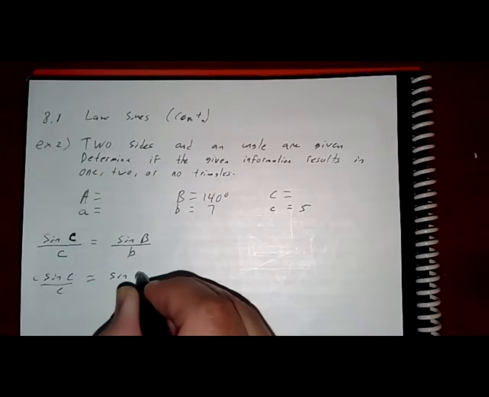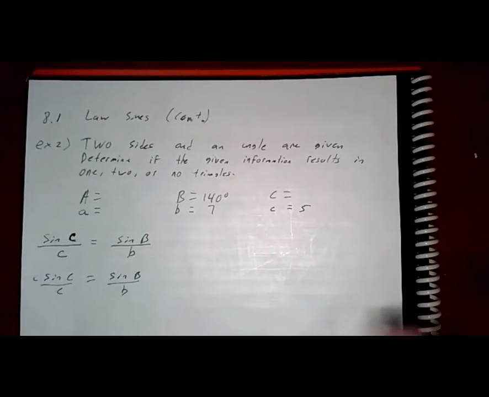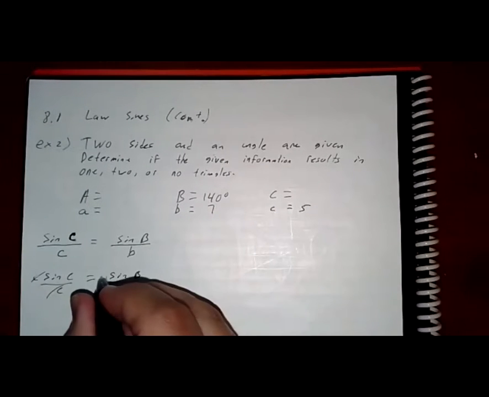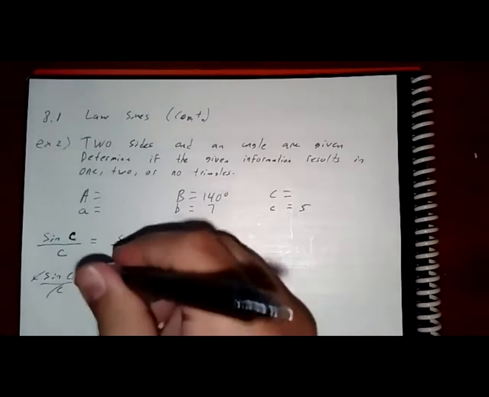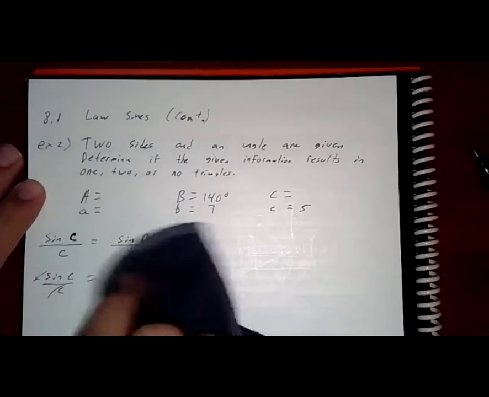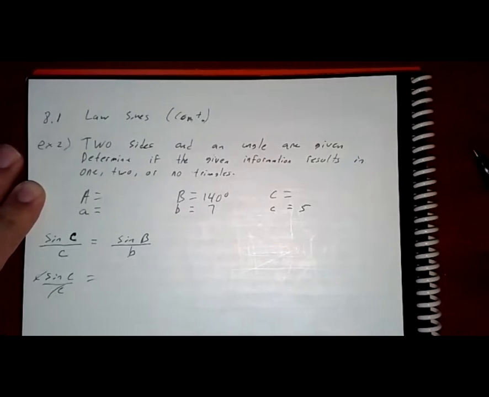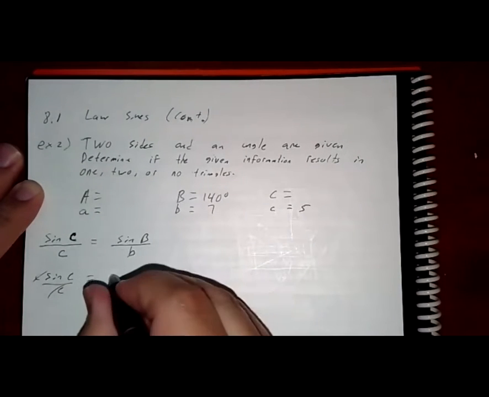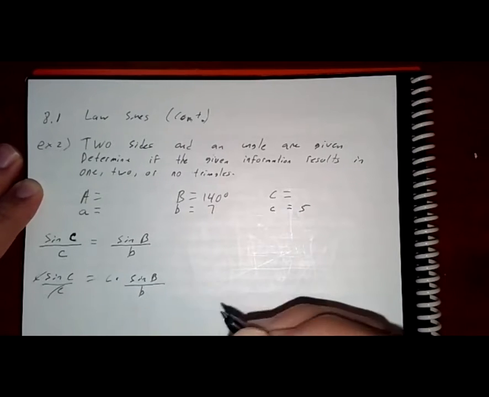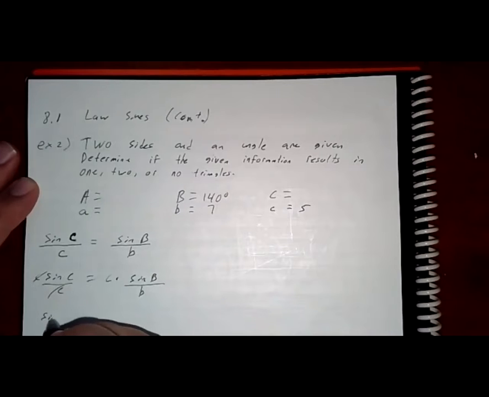You could technically do this with numbers, but I like to solve in general and then plug the numbers in later. So then we get sine C equal to c sine B over little b.